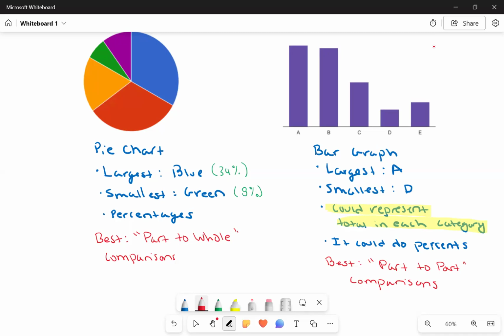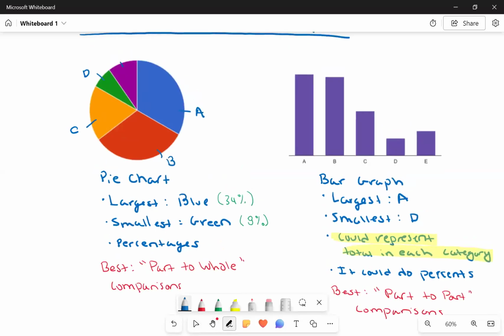So if I were to take a moment and label all of these, I'll use my blue, why not? The blue category, as I said, was the biggest, so it would be A. The red category would be B. This would be C, D, and E.